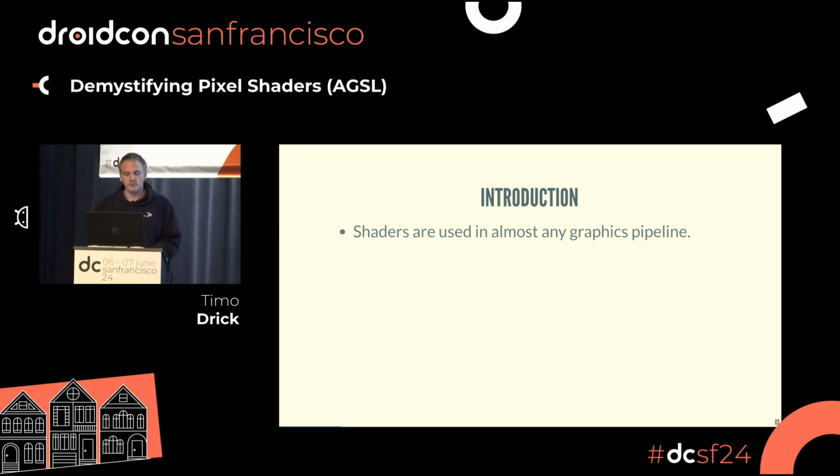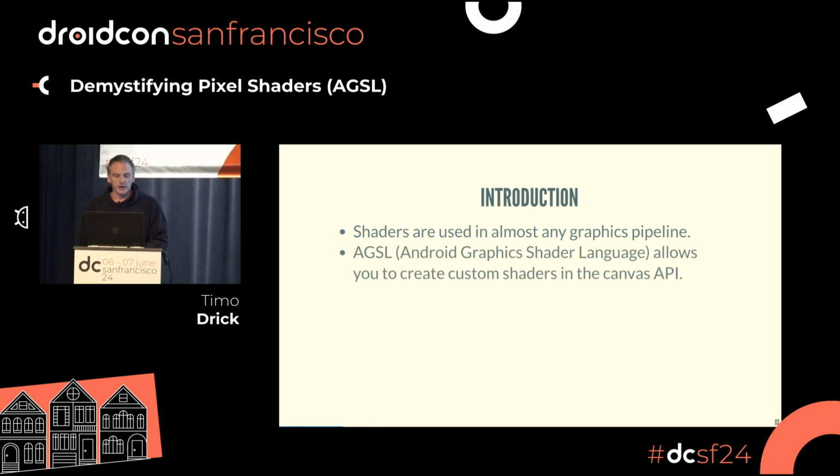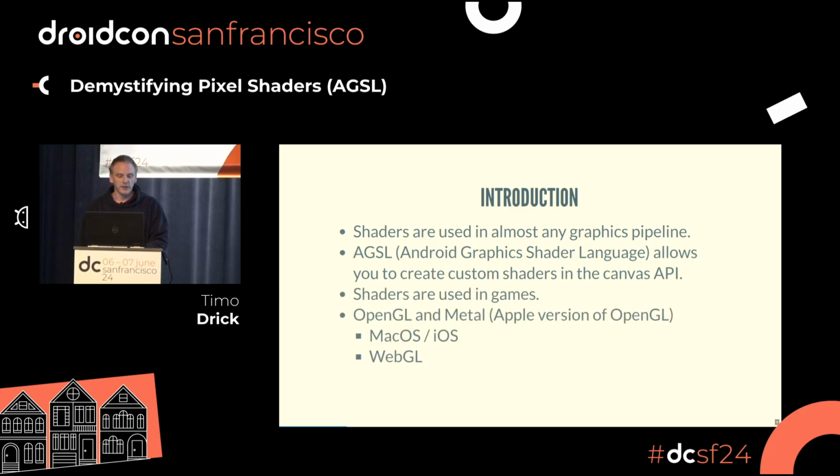So shaders are used in almost any graphics pipeline today. And this AGSL, Android Graphics Shader Language, allows us to use custom shaders in the Canvas API from Compose and also from the legacy View system. Shaders are also used a lot in games, and you can use them in OpenGL and also in Metal from Apple.